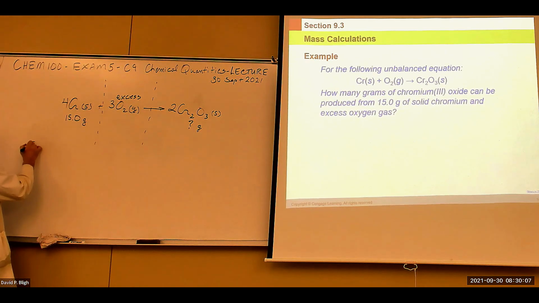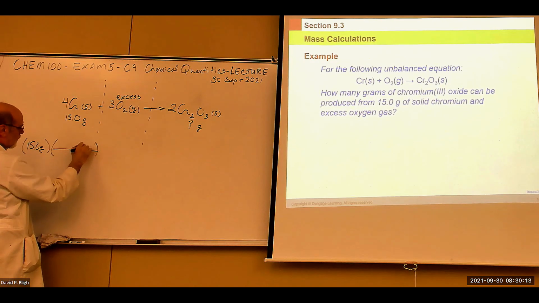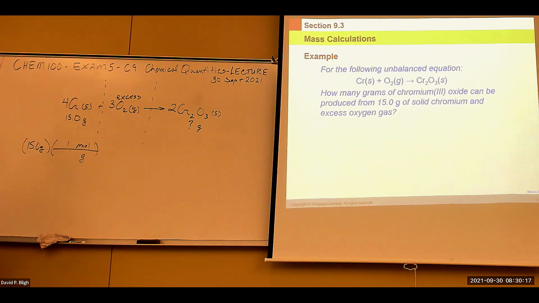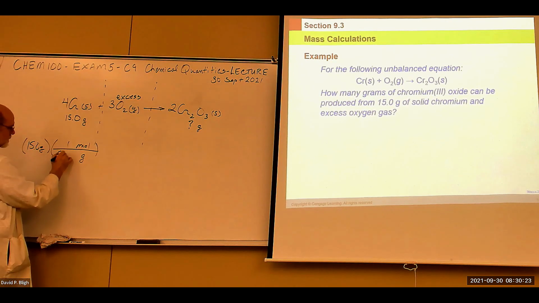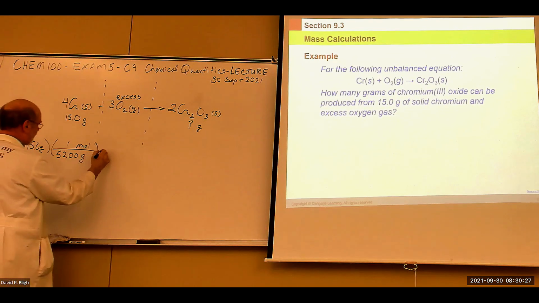So you have 15 grams of chromium, and you want to convert it to moles, right? So we just need the molar mass of chromium. Look on your periodic table, 52.00 to 2 decimal places, okay?